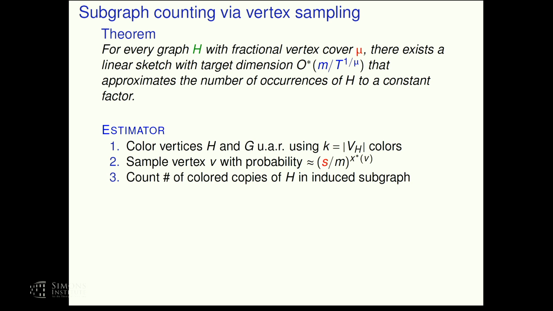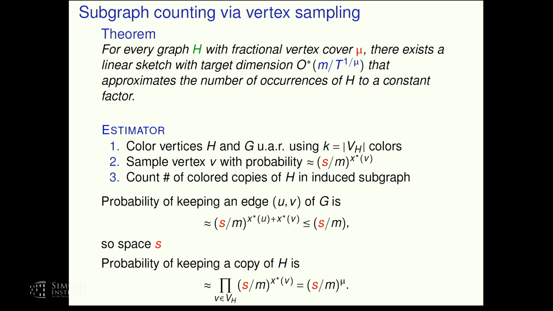And then we do vertex sampling on the graph G, but it's not vertex sampling at the same rate, but rather now every vertex of the graph G has an associated vertex of the graph H. So we look at the amount of mass that the optimal fractional vertex cover assigns to that particular node, and we sample a vertex of G with probability p, which is the space divided by m, raised to the power of that amount. And then this gives us a random vertex-induced subgraph. We count the number of colored copies of H in that subgraph.